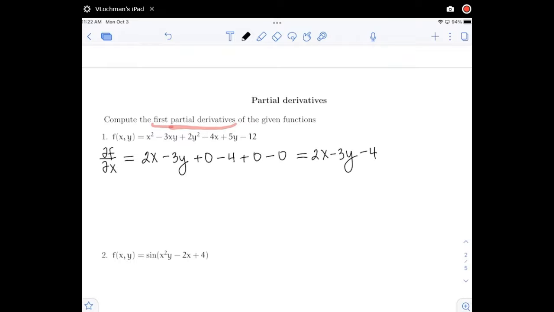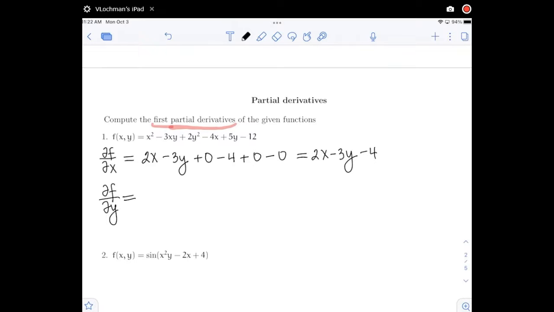All right. Thumbs up. Thumbs ups are rolling in. Perfect. Let's go ahead and take a look at df dy. Now, everything that has x, that's a constant, right? y is the function.